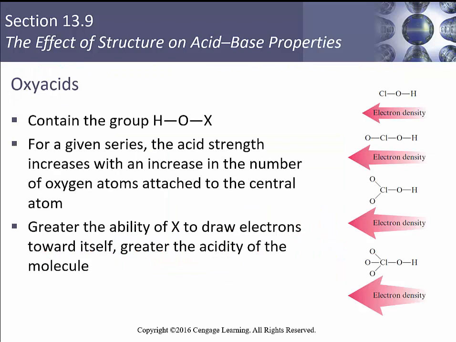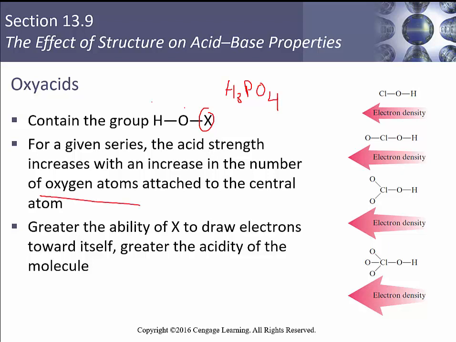For an oxoacid, they contain something in the middle and then an O and an H. For a given series, like phosphoric acid, H3PO4, the acid strength increases with the number of oxygen atoms attached to it.